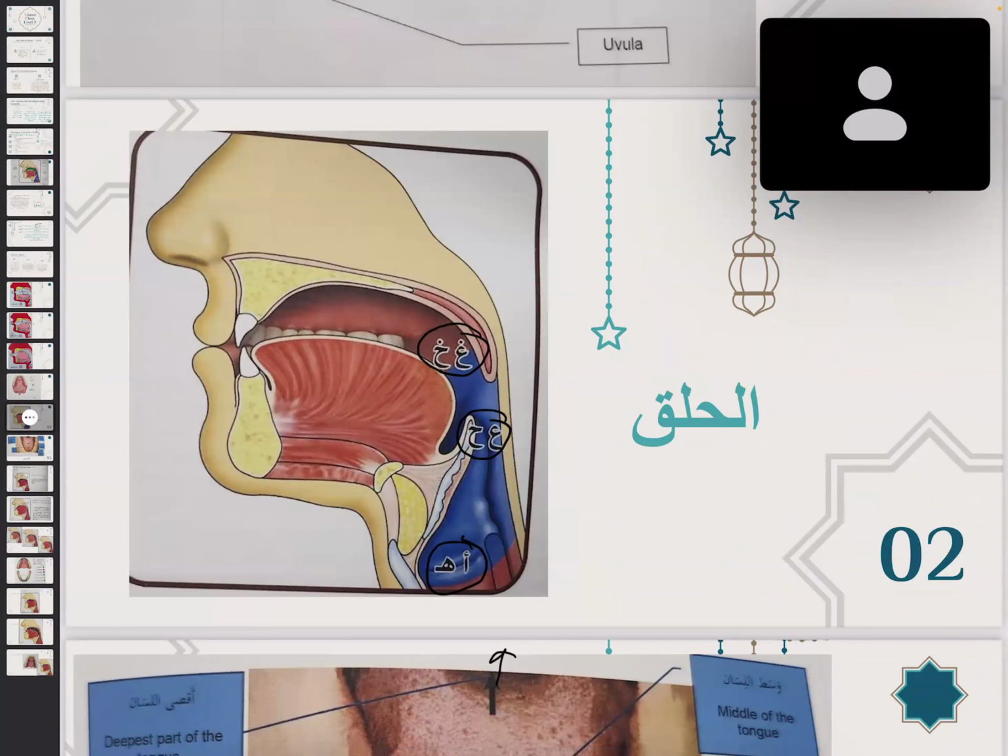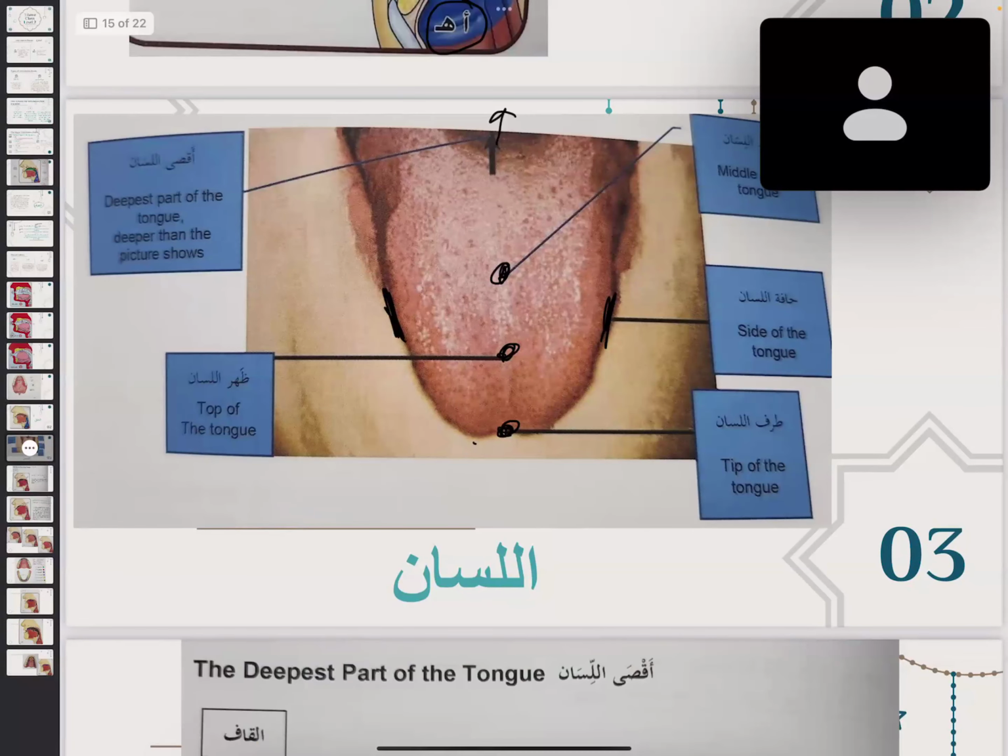Okay, and the third articulation point is اللسان, the tongue, and we have so many letters that come out from this articulation point, like القاف and الكاف and ya, shin, jim.